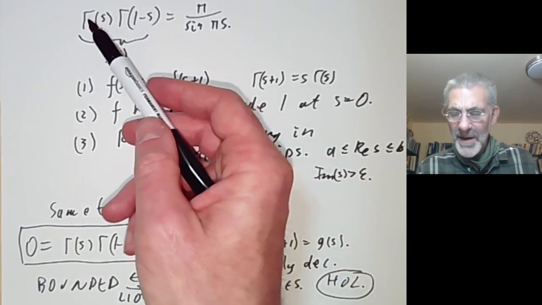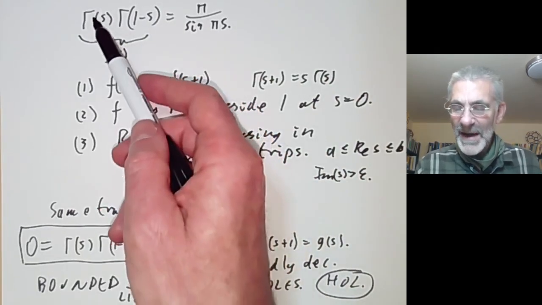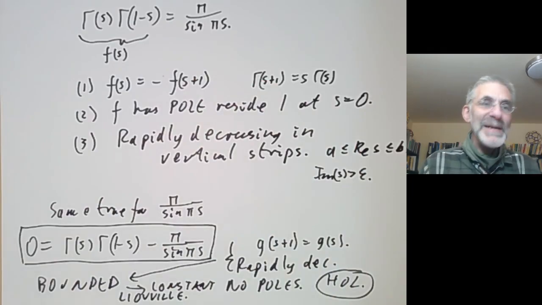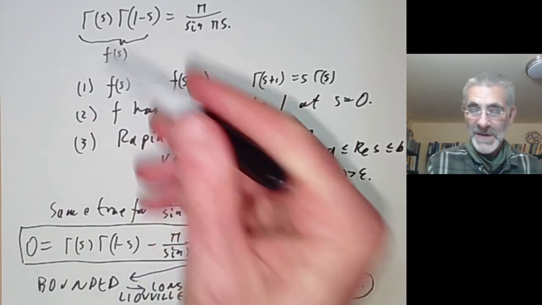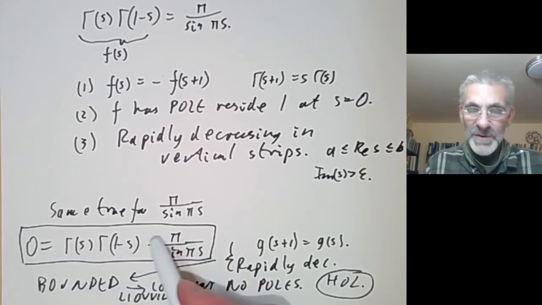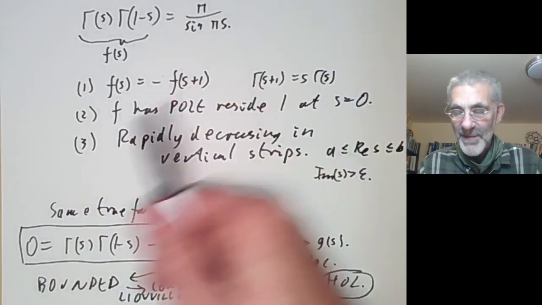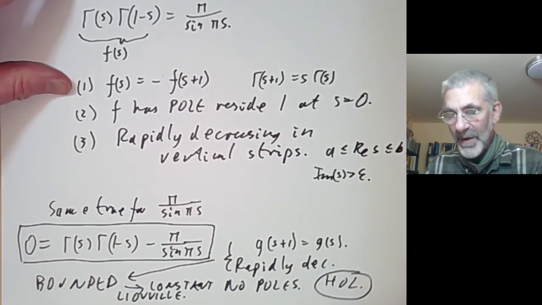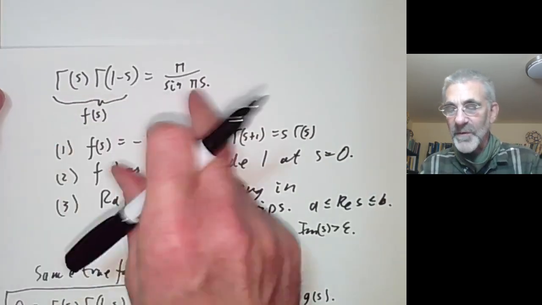We haven't written down formulas for these functions and then tried to calculate them. We've just sort of meditated upon the essential properties of these functions. It suddenly becomes obvious they're equal because they've got the same poles and the same functional equation and the same behaviour at infinity.